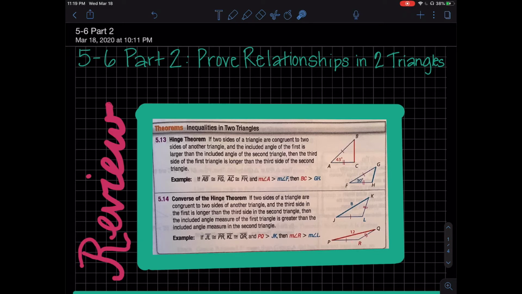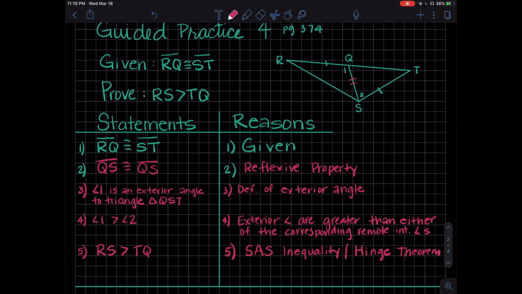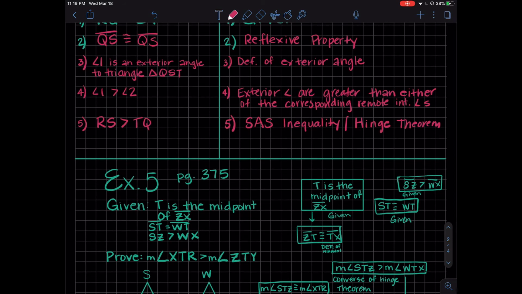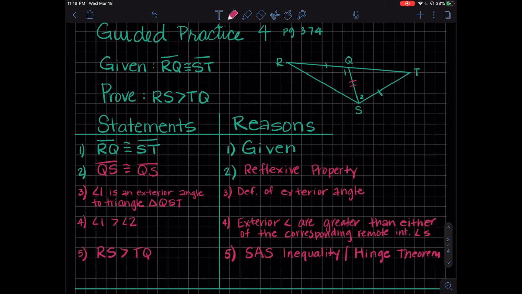So for the converse hinge theorem, this is the SAS inequality, and this is the SSS inequality. Okay, so back to the guided practice part. All right, so that proves that either one of these statements right here is true. I would accept either one.